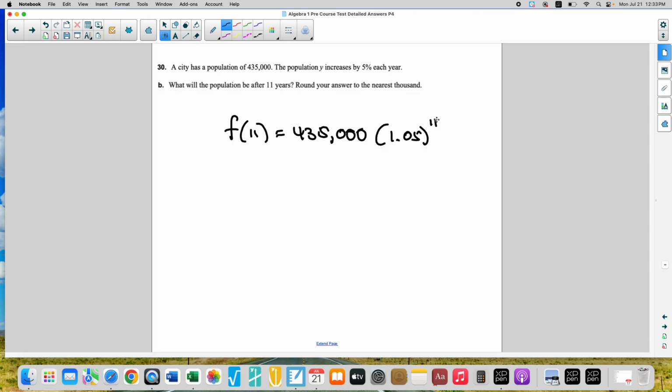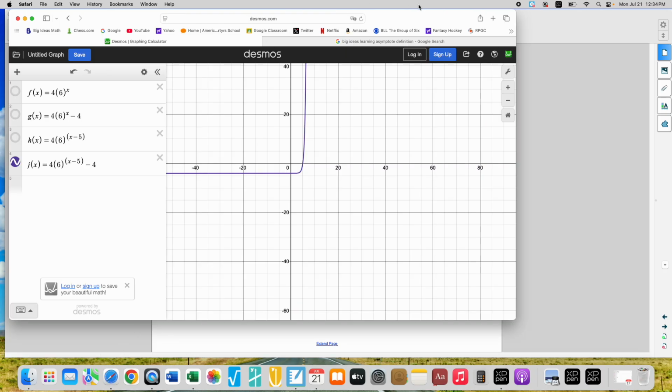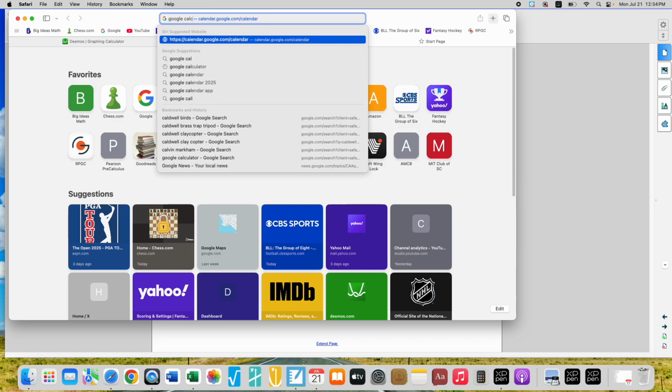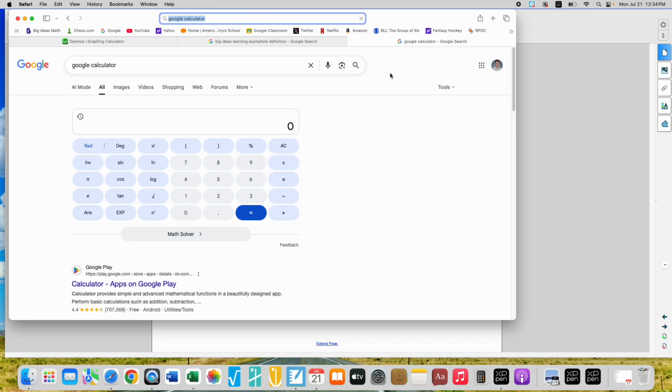And we can put that in our calculator. Okay, so we can go to Google Calculator, and we're going to do 435,000 times 1.05 to the 11th power.